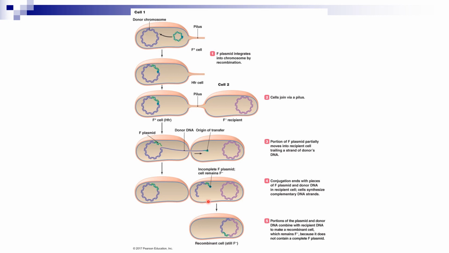So we get done here, and we can incorporate these new pieces of bacterial genome into the recombinant cell, or the new cell that we've made. But notice, even though we've got some of that F plasmid, we never got the entire F plasmid. So this cell is still an F minus cell.